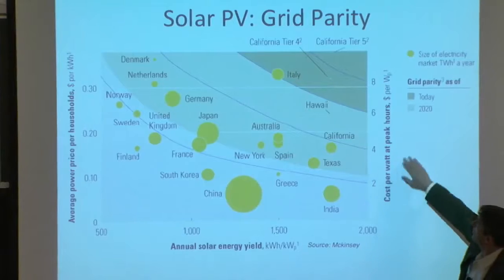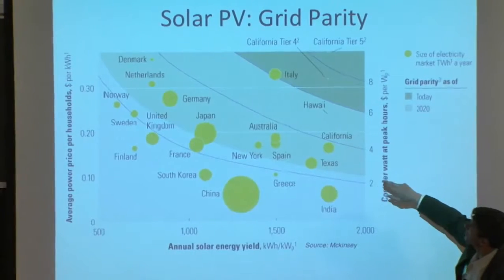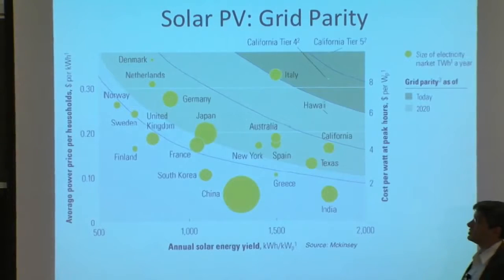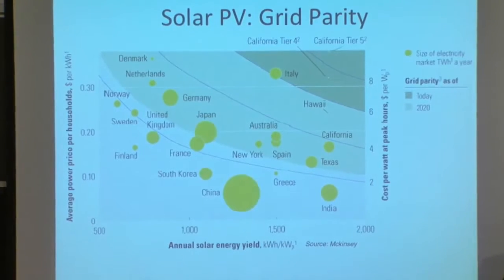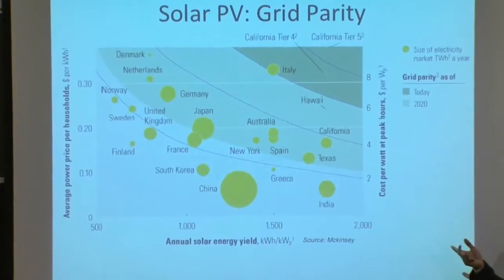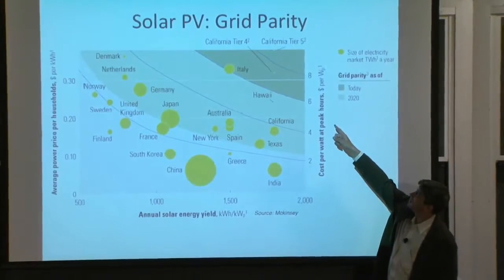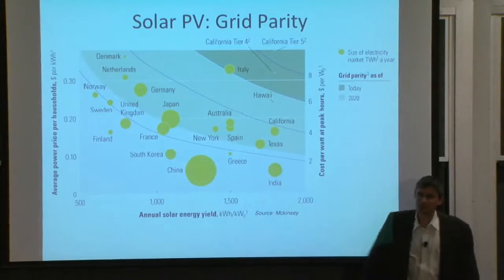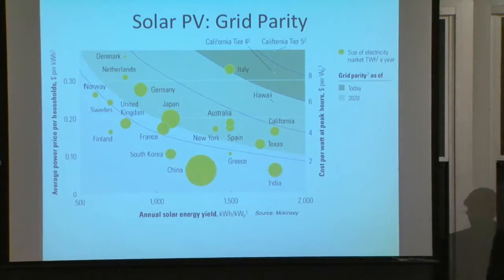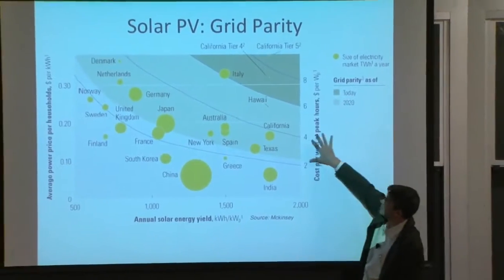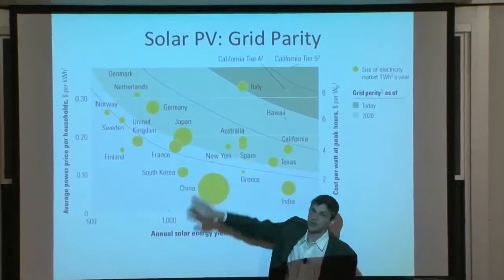So the cost per watt at peak hours is over here. And what you can see is that there are some places where there's a lot of sun and electricity prices are high. We're basically already at grid parity, right? Up there, like those places I used to live. And then there are other places where we think that within 10 years we may reach grid parity in a whole lot more places, right?